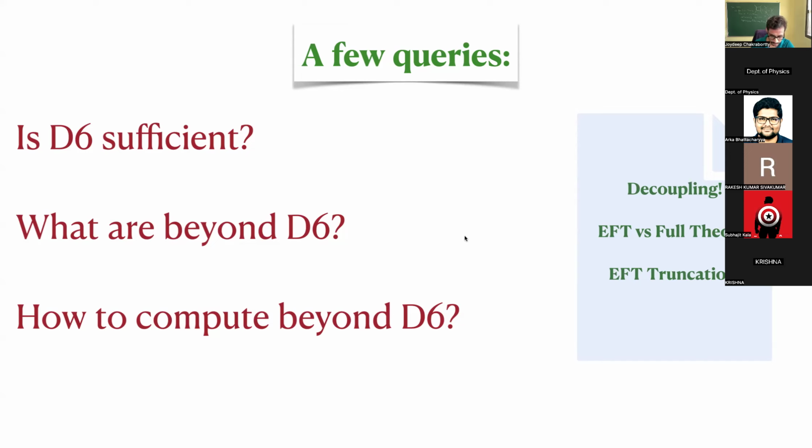But our number of parameters will be lesser if I introduce two dimension 6 parameters instead of dimension 6 plus a dimension 8 operator. No, the question is that you cannot create your own principle of analysis. You have to follow the field theory. If you are adding two dimension 6 operators, you are actually enlarging your analysis up to 1 over lambda to the power 4.